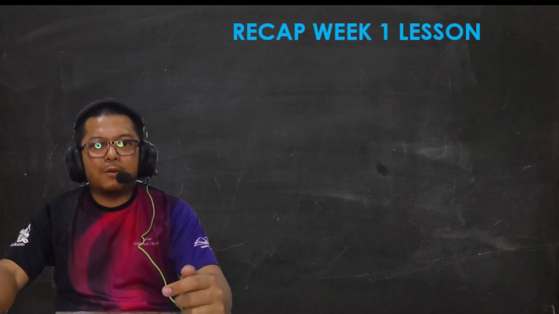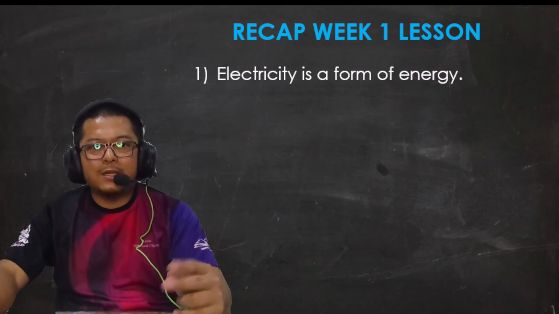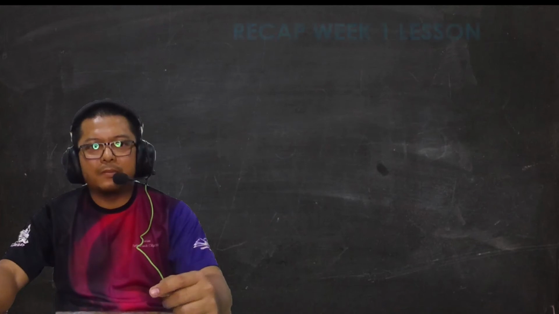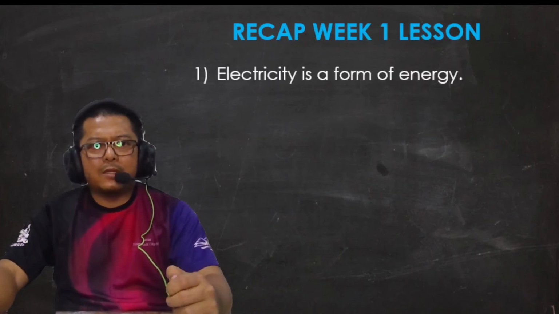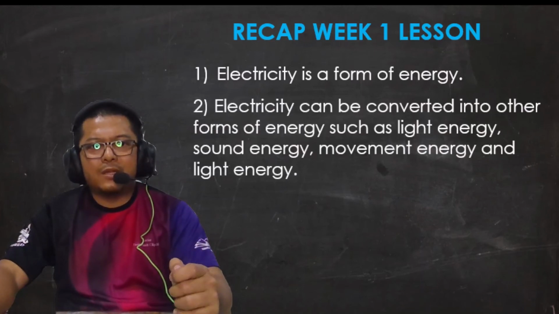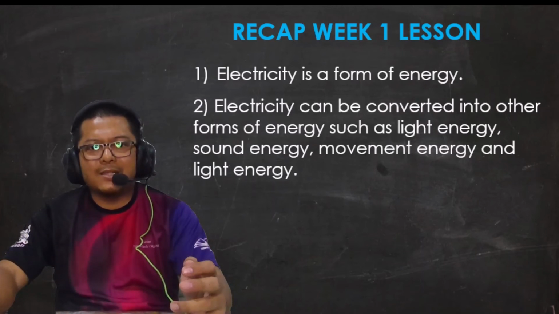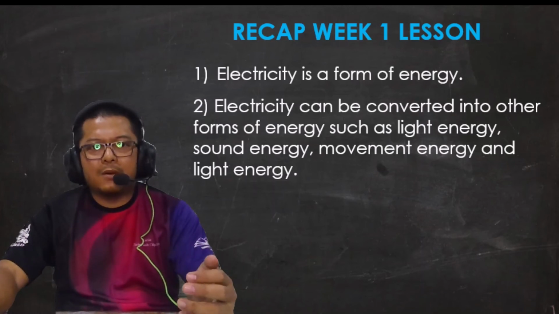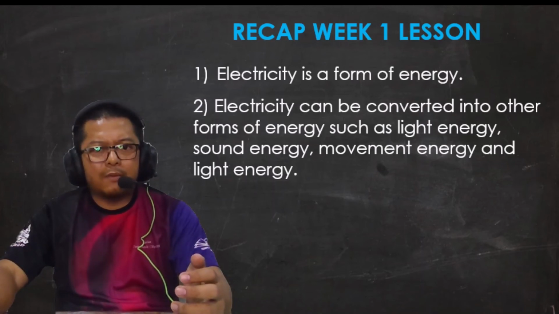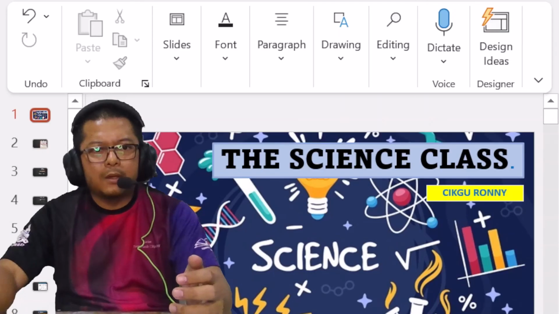So let's recap week 2 lesson, not week 1 lesson. This is wrong. Week 2 lesson. Recap week 2 lesson. Number 1, electricity is a form of energy. And 2, electricity can be converted into other forms of energy such as light energy, sound energy, movement energy, heat energy. This is wrong. Let me correct that for you in a moment.